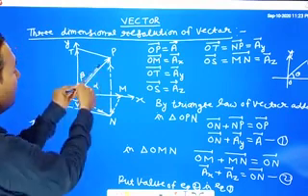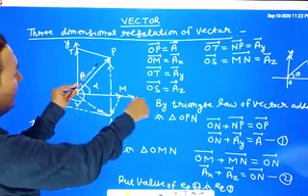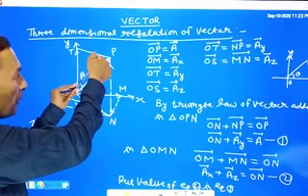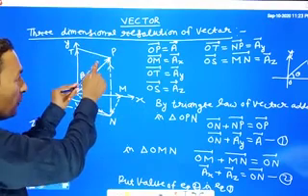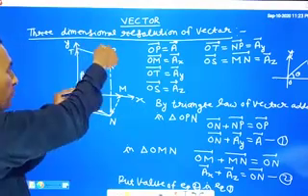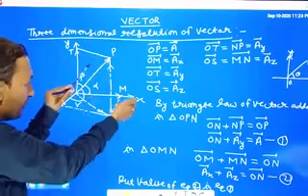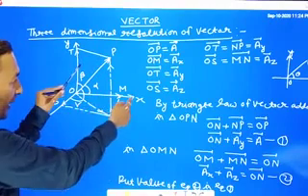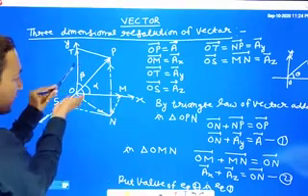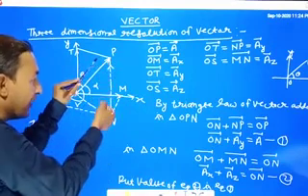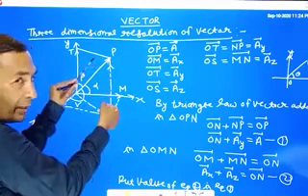This is the z axis, this is the x axis, and this is the y axis. First we draw a perpendicular from point P on the y axis, that is line PT. Then we draw a perpendicular on the xz plane, where the x line and z line make a plane, and N is the point in that plane.